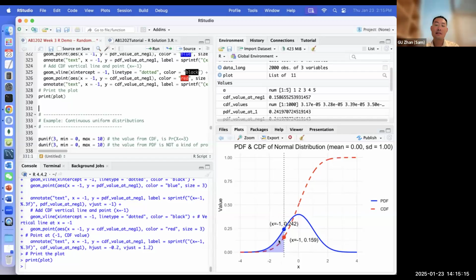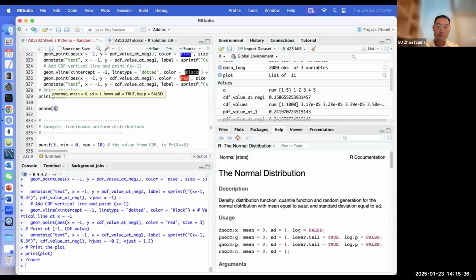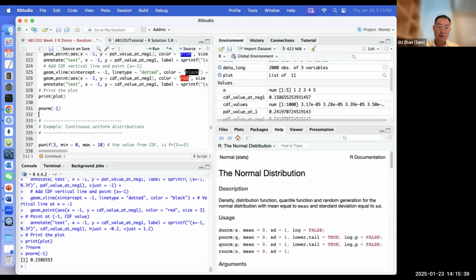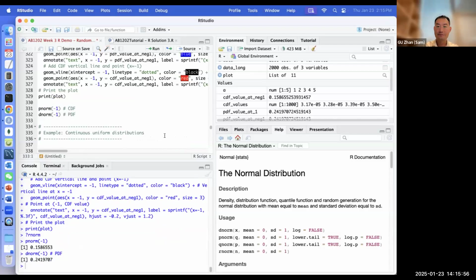And it can be seen on the cumulative distribution function when x equals 1. So pnorm of -1 is the CDF, and dnorm of -1 is your probability density function.